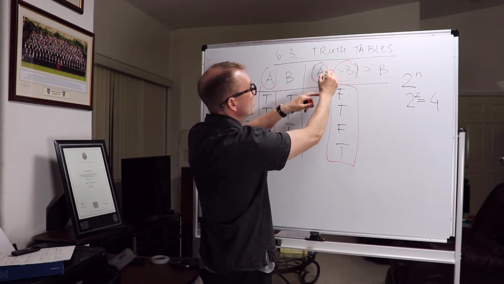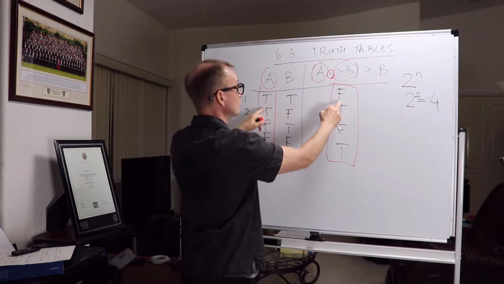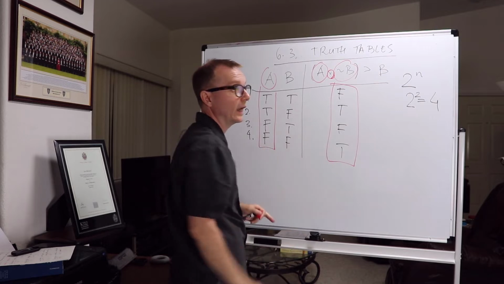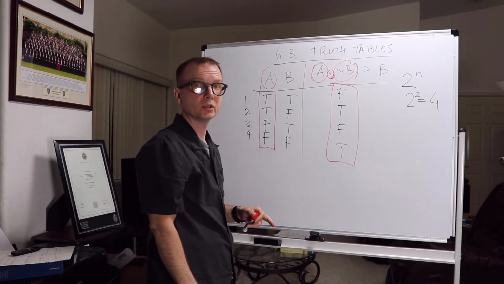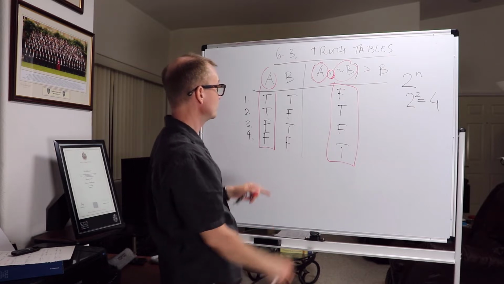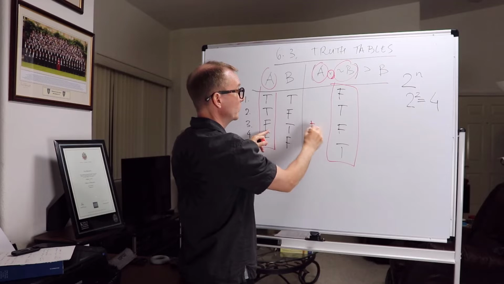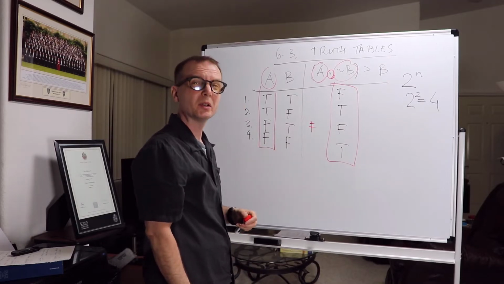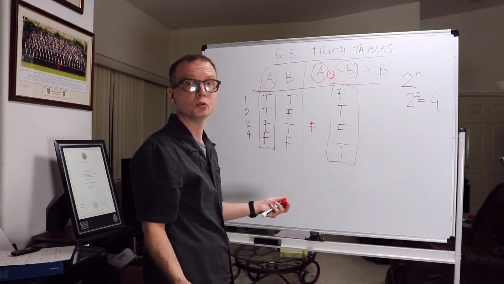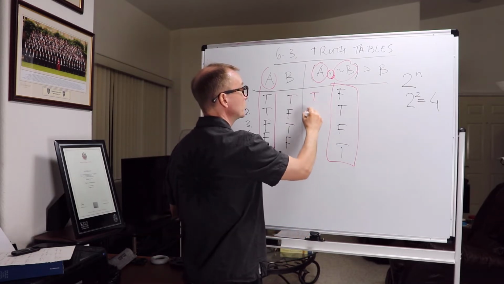And because it is a disjunction, you apply the rule to these pairs, and you're looking for the one which is both false, because that's the only one which will be false. Do you have that? Oh yeah, look, both false. So that would be a false. What about the rest of them? They're true, because remember, it's only false when both of them are false. You will have true here, and true here.